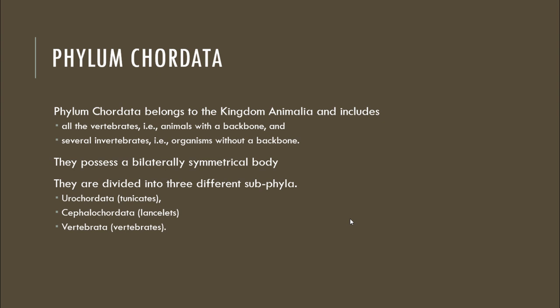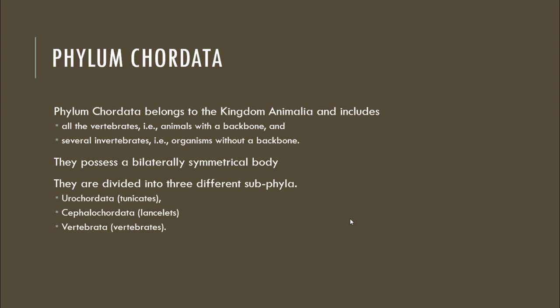What I want you to link up now is, starting with the phyla in the kingdom Animalia generally, you will notice that the first phylum, Porifera, is asymmetrical. The second phylum, Coelenterata, is radially symmetrical. Then from Platyhelminthes downward, they are bilaterally symmetrical.